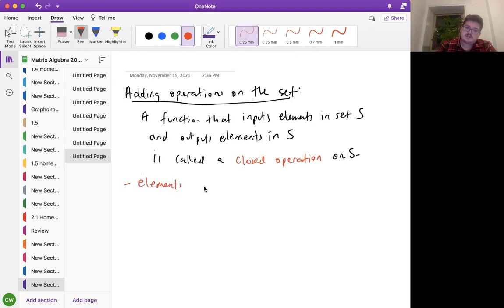Elements in S cannot escape S via the operation.